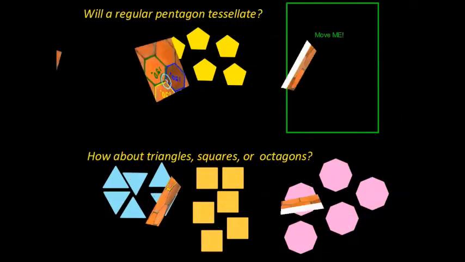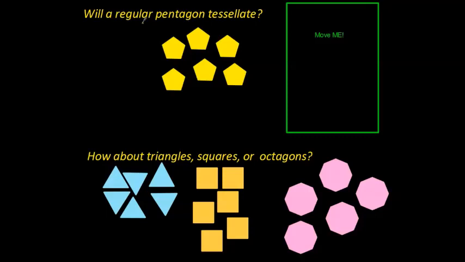Let's look at some other regular polygons, like a regular pentagon. Will it tessellate? Well, I could take these regular pentagons and move them around and try to see if I can create that tiled floor kind of thing, and I'm trying to, but I don't really see how I can get that in there.